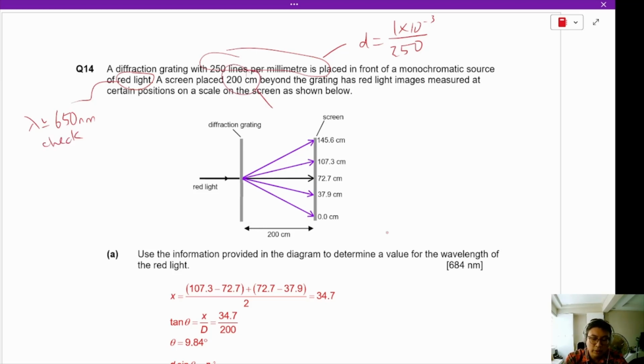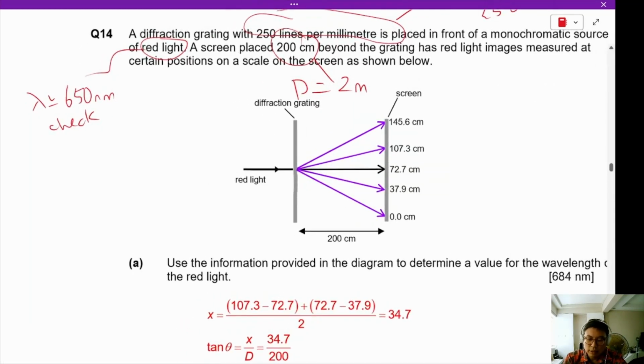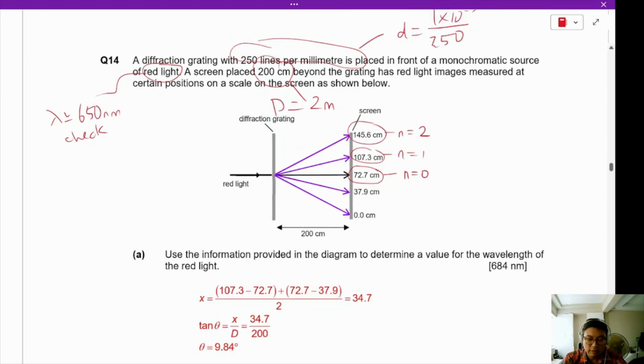A screen placed 200 centimeters beyond the grating has red light at certain positions on the screen as shown below. Now notice that they don't actually give you the correct position. So what we can do is use this to give us the value of theta 2 over here.